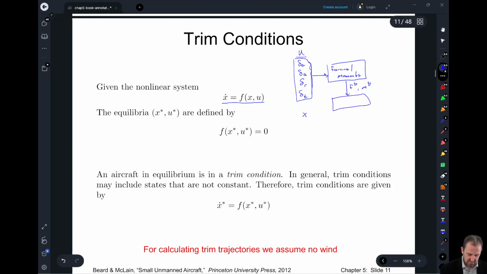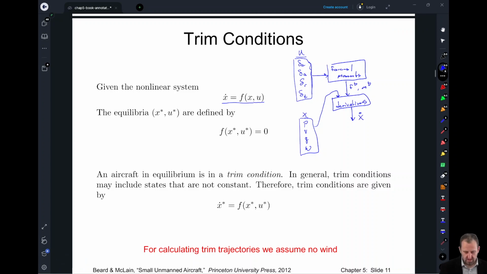So our x was our position states. We also had our velocity states. We had our Euler angles or quaternion, and we also had our rotational velocities. We put those states as an input as well into what we called our derivatives, and we got out our x dot.